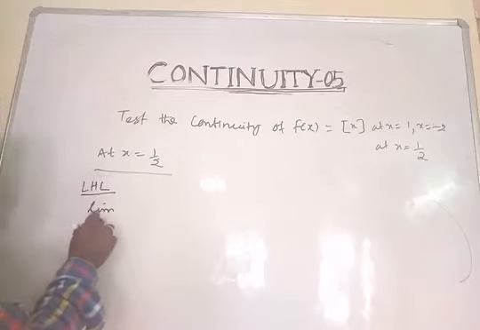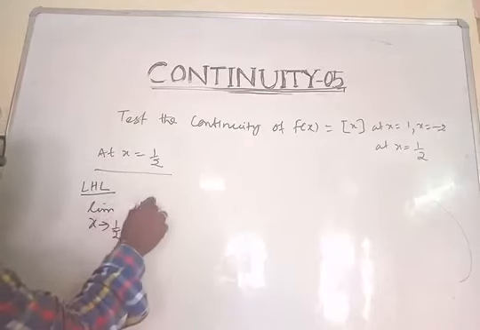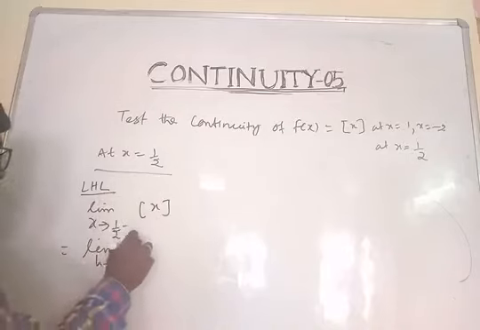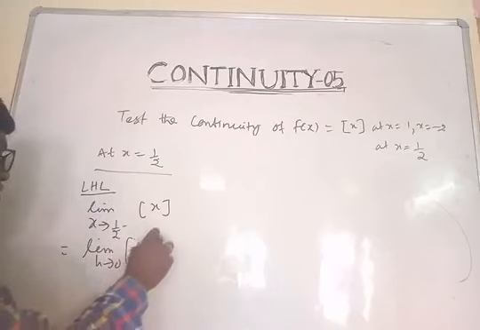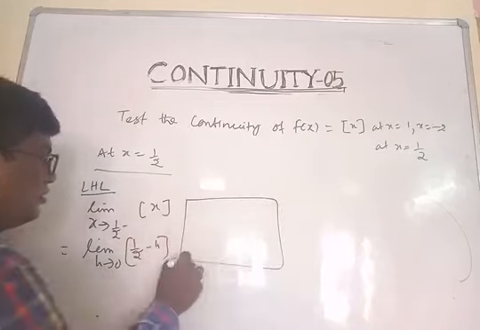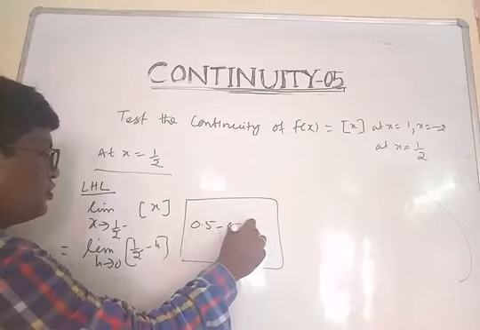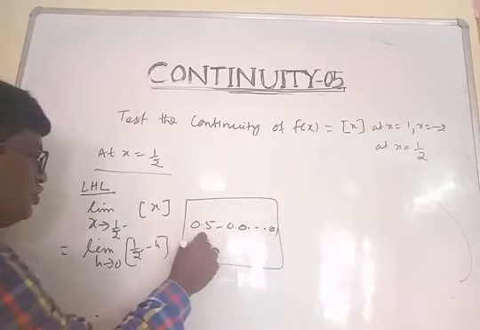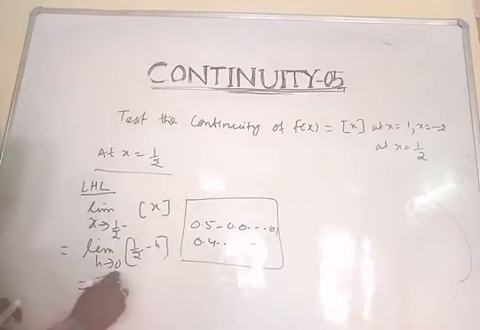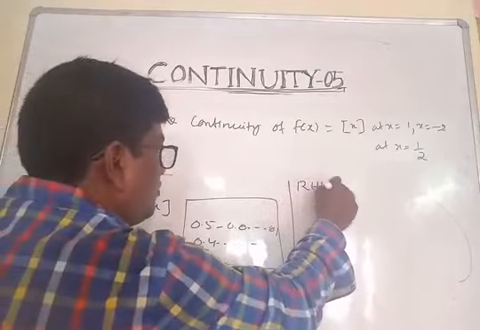Limit x tends to 1 by 2 minus of bracketed x, which is equal to limit h tends to 0 of bracketed 1 by 2 minus h. 1 by 2 means 0.5, minus 0.00 something like this, up to 1, means 0.4 something. So this is equal to 0.